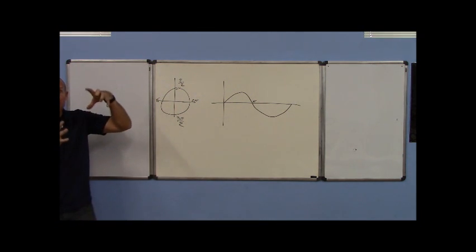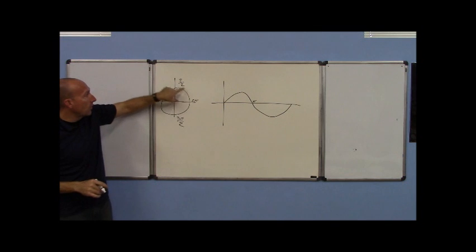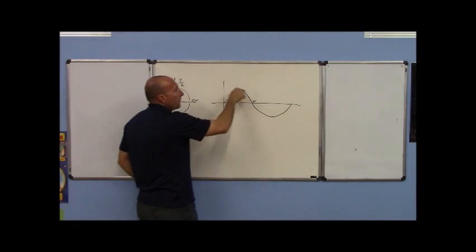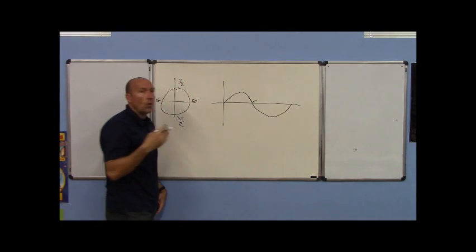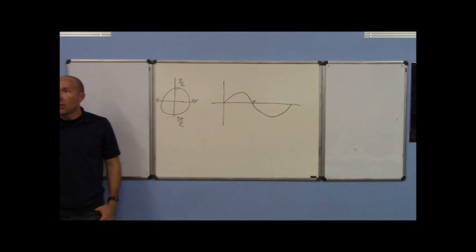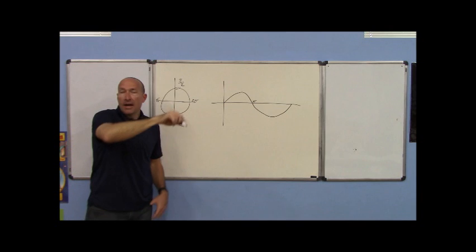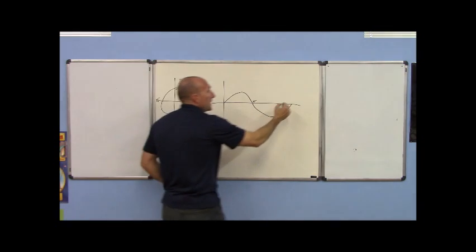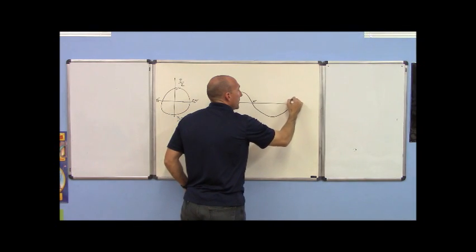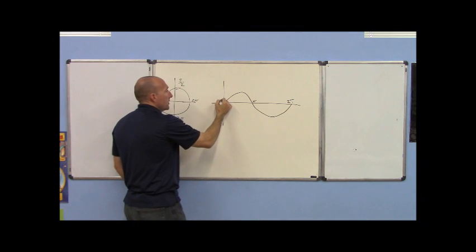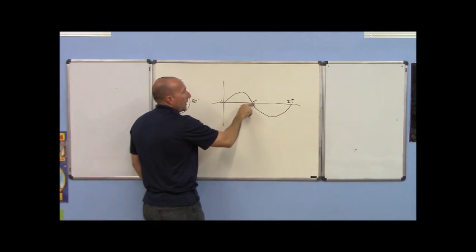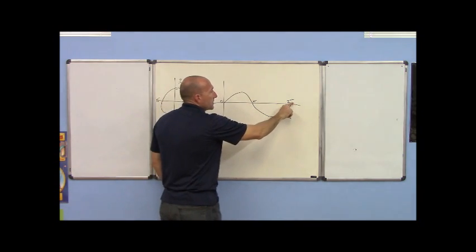You haven't made it all the way around the track. One full wavelength is one lap around that track, and then you stop and start all over. So the ending is going to be 2 pi. Here we start at 0, half the wavelength is pi, the other half gets us to 2 pi.